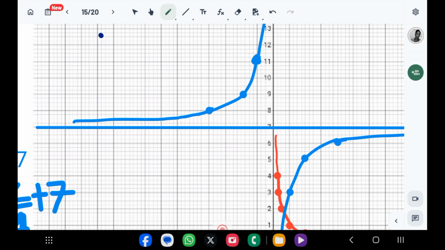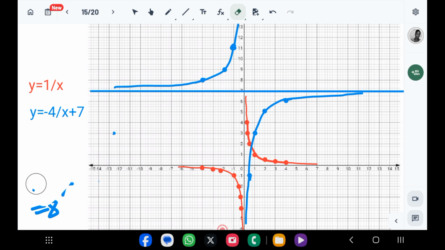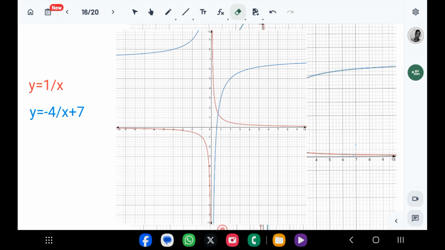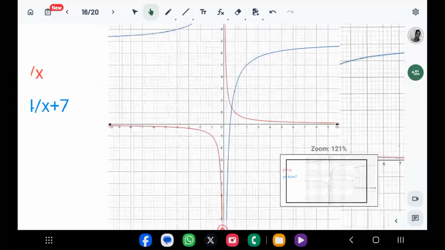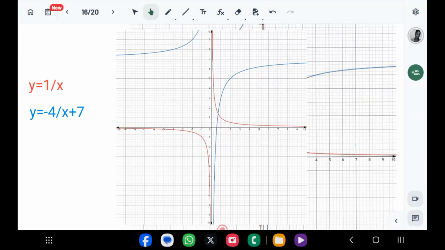Okay, let's clear the board. And now let's check what the graph calculator drew. And that is a correct graph that we have over here.